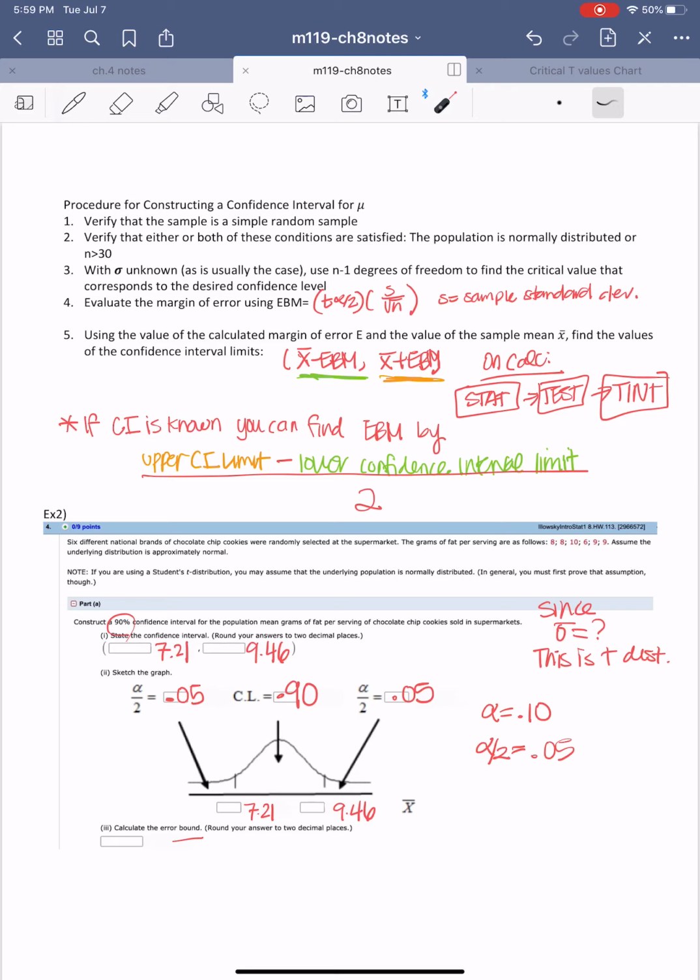Okay, and we'll do part 3. So if you do it by hand, let's first calculate x bar. So the formula is x bar minus EBM, x bar plus EBM. X bar is 8 plus 8 plus 10 plus 6 plus 9 plus 9, divided by 6.